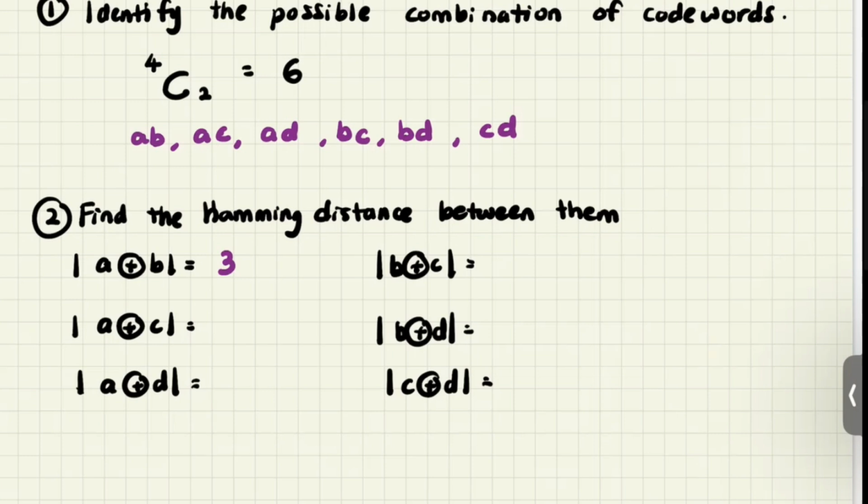Three, right? Is it correct? Three. And then A and D will be 5.